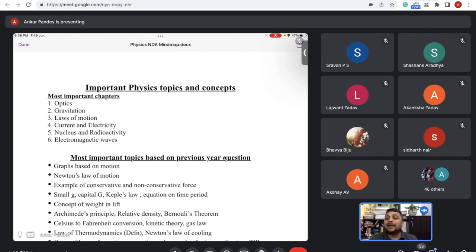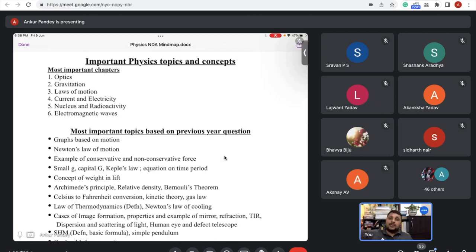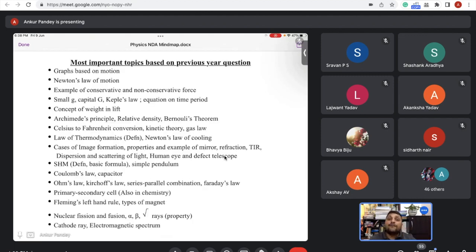I hope you have made a list of chapters 1 to 6. Now, out of these chapters, those who are in 12th grade, particularly to them, beta, this is the list of all the important topics of physics. You have to read this only. You have to go through this only.